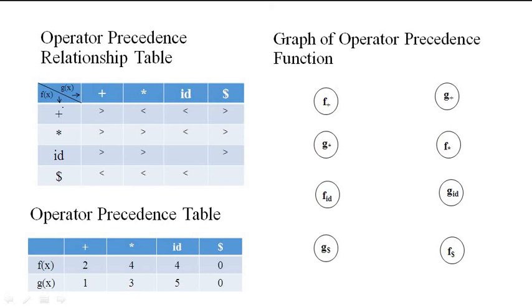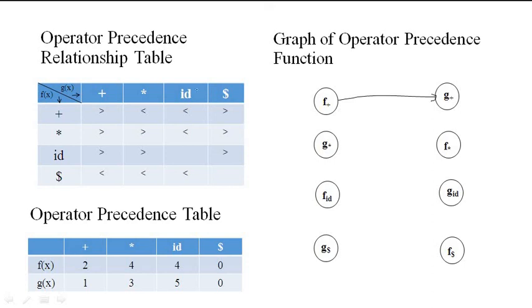In your F plus, greater precedence will be outward. So F plus to G plus is a greater sign. So F plus to G plus, draw an arrow, and it's on the outer side.